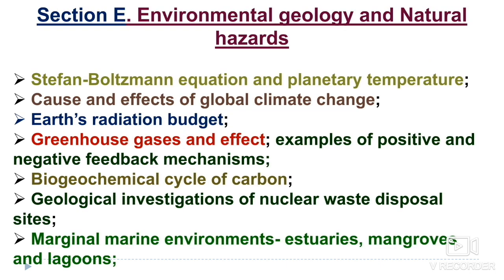And section E deals with environmental geology and natural hazards, in which you have to study about the Stefan Boltzmann equation and planetary temperature, causes and effects of global climate change, Earth's radiation heat budget, you can study from any standard book, greenhouse gases and effect, examples of positive and negative feedback mechanism, biogeochemical cycle of carbon, that is also important.